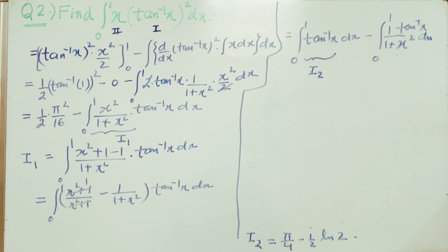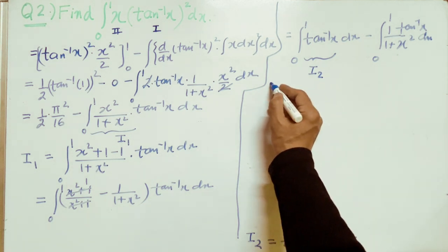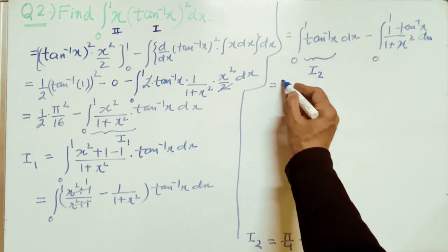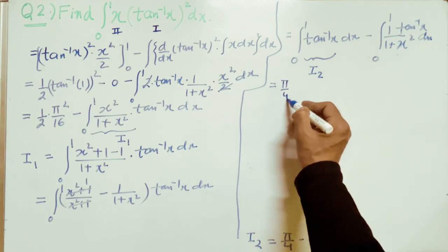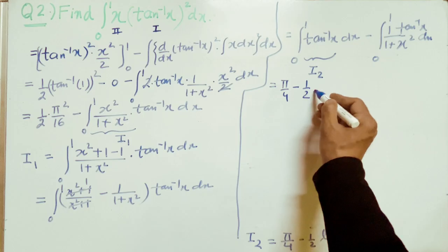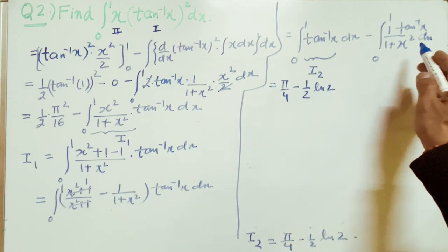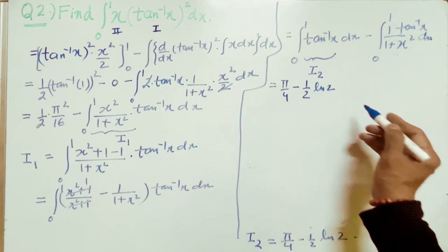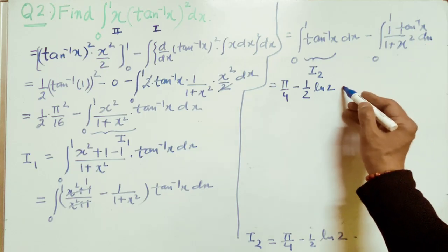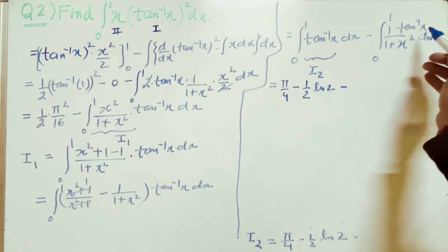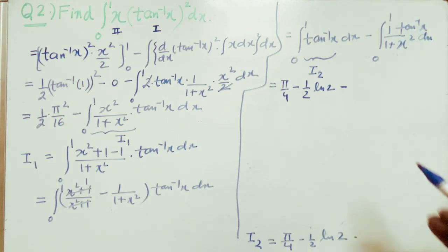So now we will use this value of I2 here, so that our integral will become, now this is pi by 4 minus half ln 2. And now we'll integrate this part. So here you can see that tan inverse x is given, and with tan inverse x its derivative is also existing here.